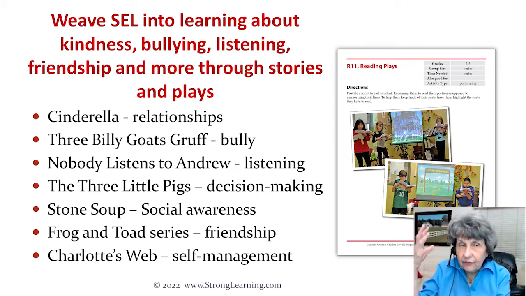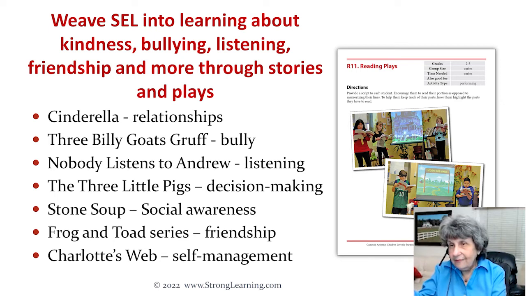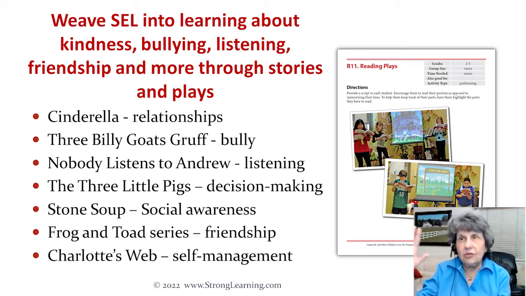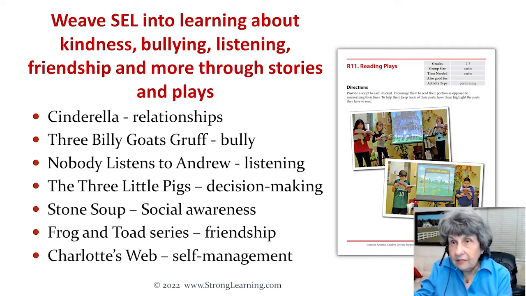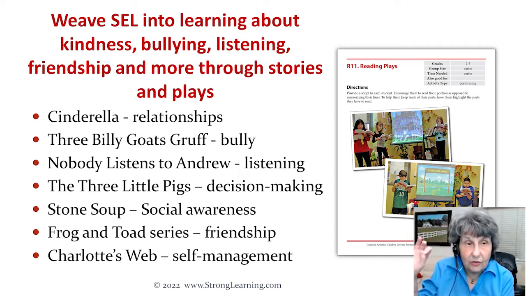Wilbur knowing self-awareness, self-management, relationships, social awareness, decision making. That's one of the biggest, decision making, because all through life, every day you're making decisions, big decisions, little decisions. And if you make good choices, you'll do okay. And learning how to do that.